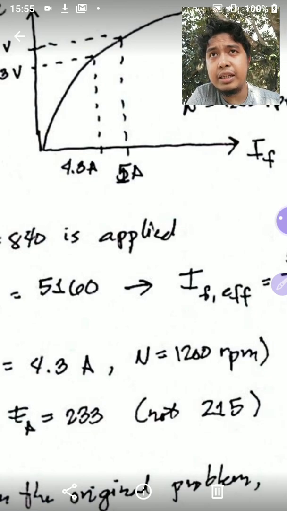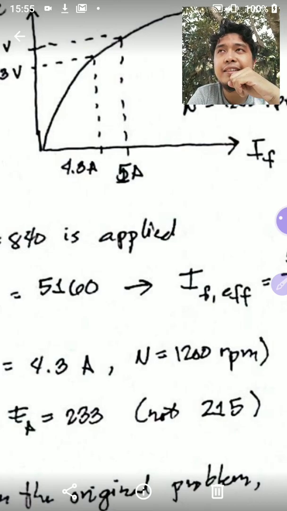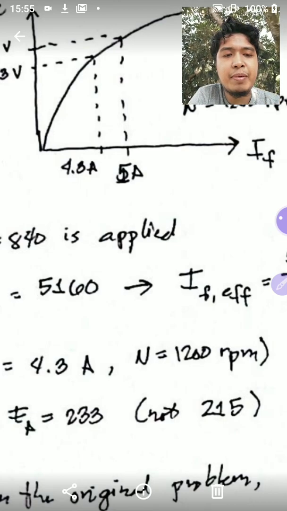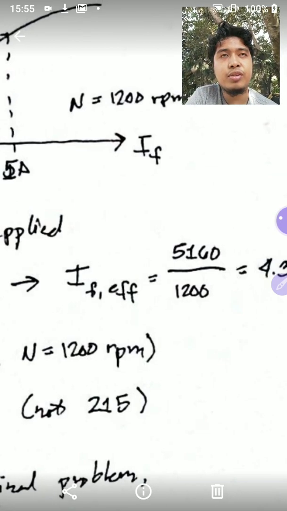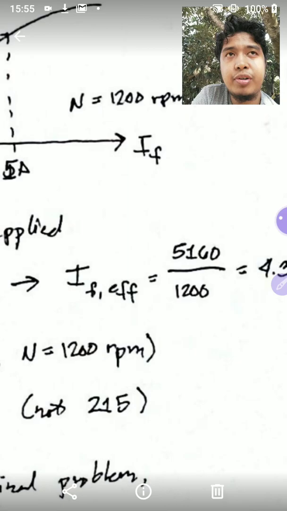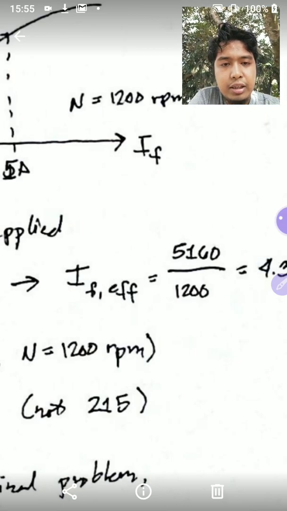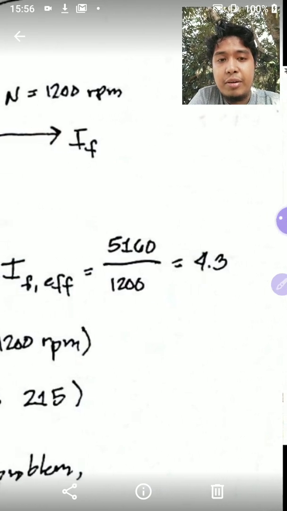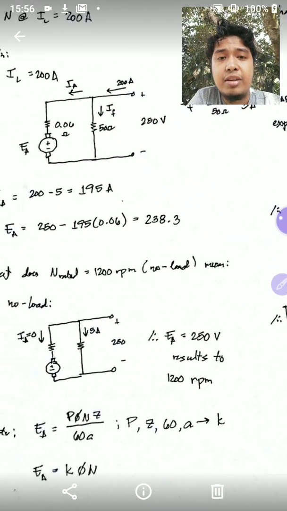How about the computation of the power loss on the field? Will I use 5 amperes for I squared R, or will I use 4.3? Well, we'll be using 5 amperes because technically that is still 250 over 5.